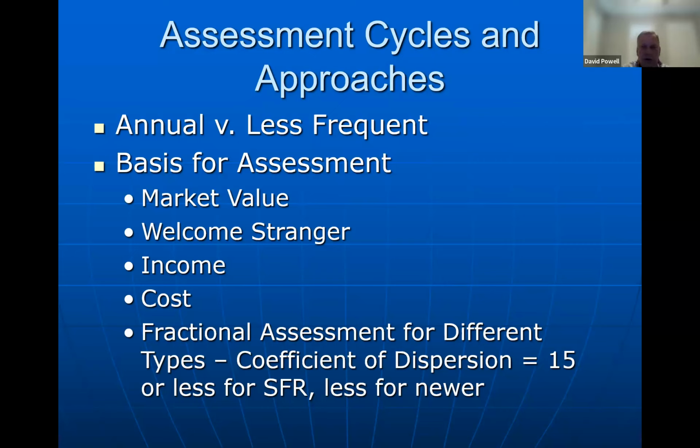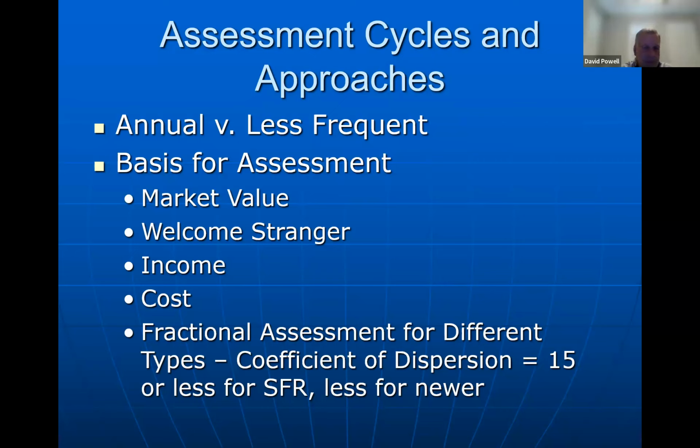The other homeowner purchased their home in 2022. Again, same exact home, one purchased in '75, one purchased in 2022. The house that was purchased in 1975 may have sold for $20,000. The one that was purchased in 2022 may have sold for $800,000. Those two homeowners are going to have wildly divergent property tax bills. That's an inherent violation of this principle known as horizontal equity.